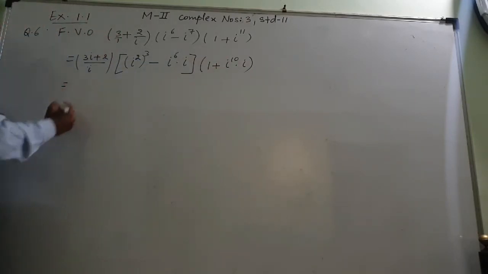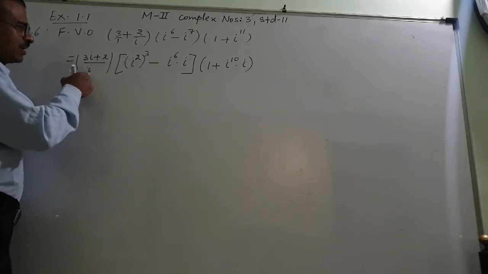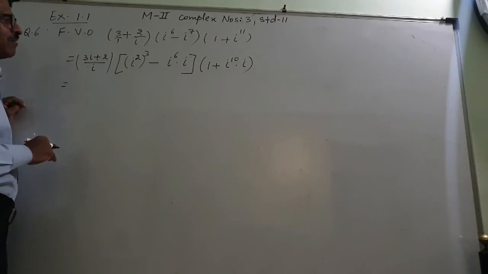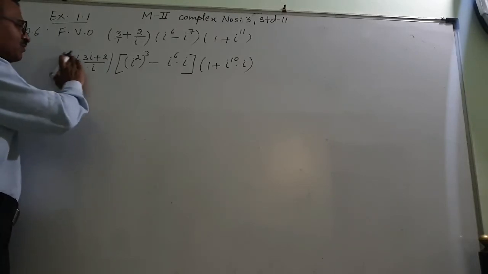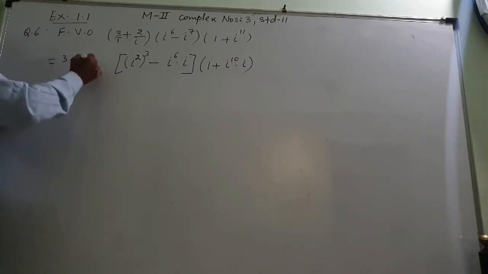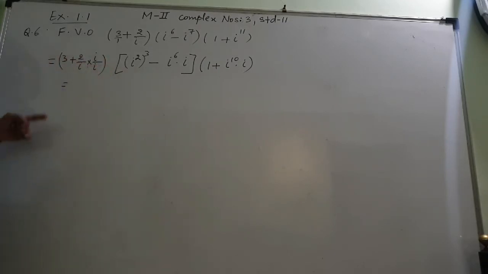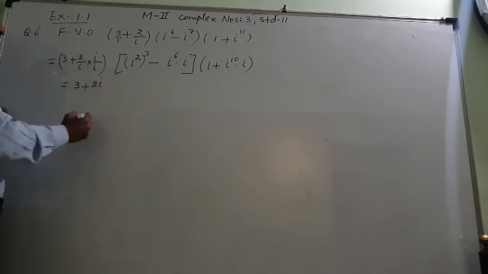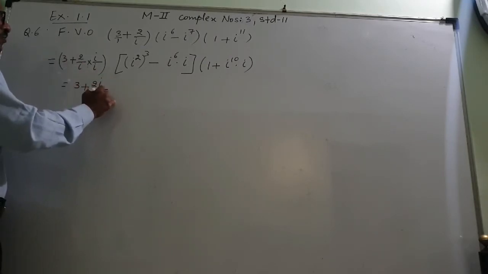That is equal to. Now this is in the denominator, this I will multiply and divide by the conjugate. If I do this here itself, then it will be also easy. (3 + 2/i) into i/i. See this. Here itself you can do. So 3 plus 2i upon i square.